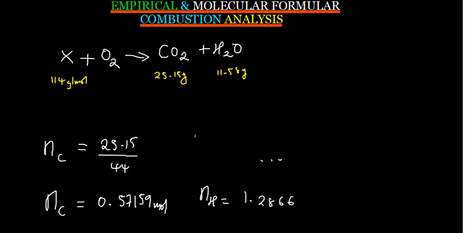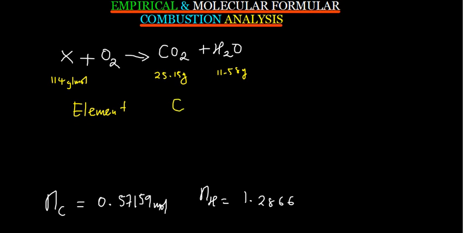So we have determined the number of moles of carbon dioxide and the number of moles of carbon and hydrogen. So now write here element. I'm going to put carbon and then hydrogen, and then we are going to have the moles. For carbon we have got 0.57159. For the other one we've got 1.2866, and then we need to find the mole ratio.